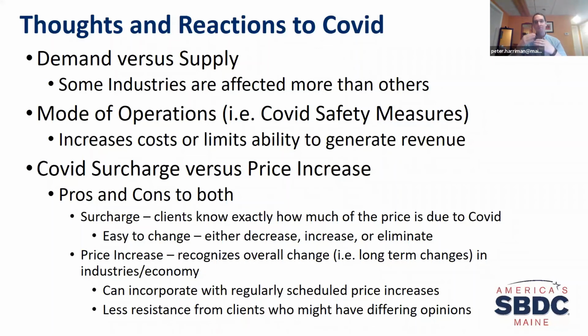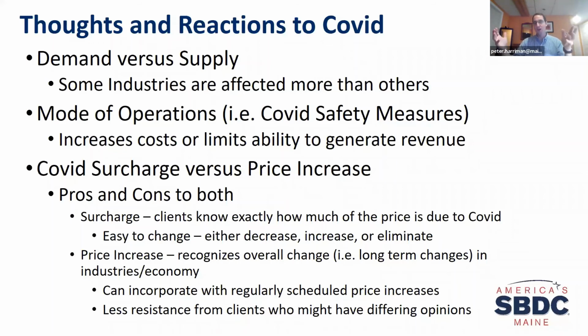Because overall, if you're doing what I advise you to do, which is incremental price increases throughout the year, then this just means you're going to do a slightly larger incremental price increase to show that there's increased costs to doing business, right? And we're showing that it's an increased cost that's going to be a long-term thing, right?